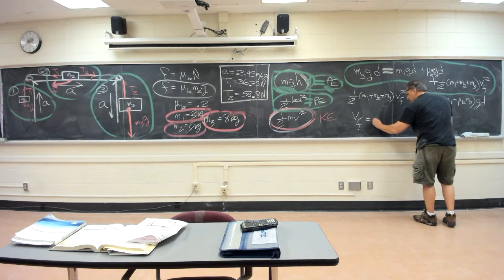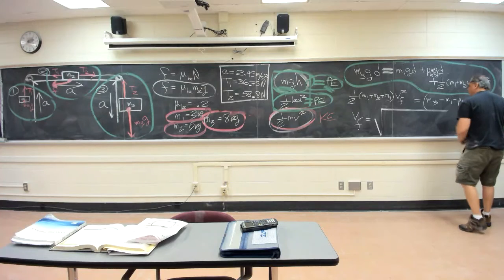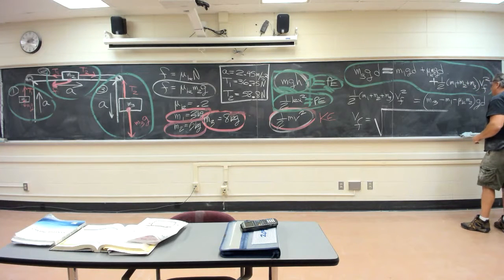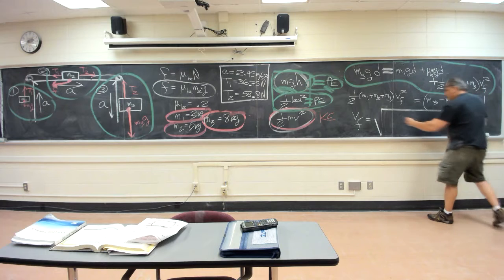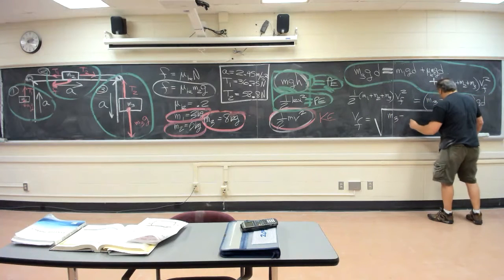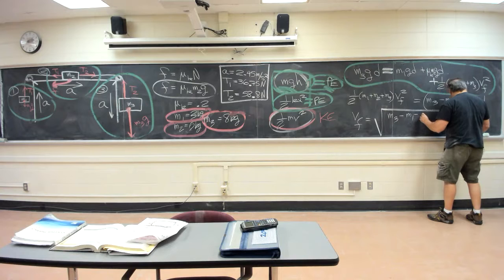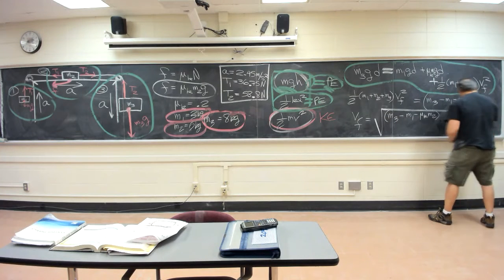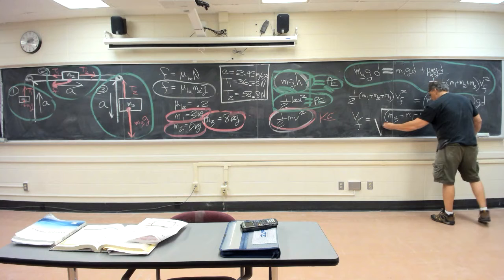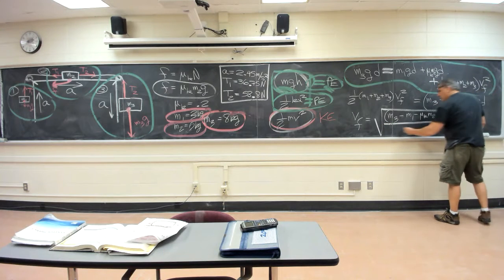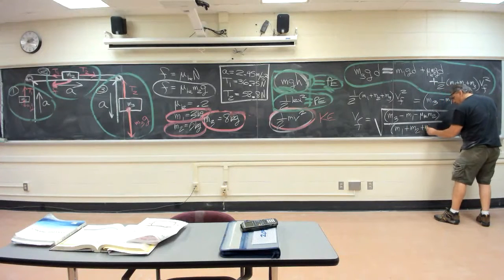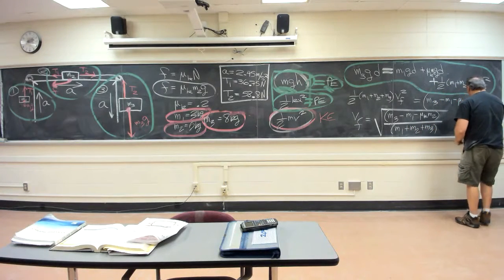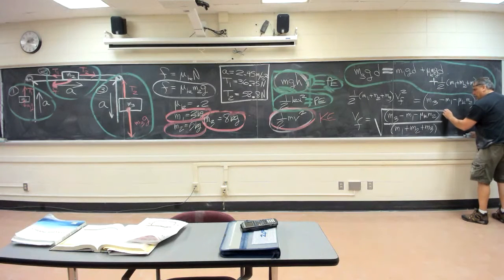is equal to the square root of M3 minus M1 minus mu sub k M2, over the sum of the masses, times 2gd.